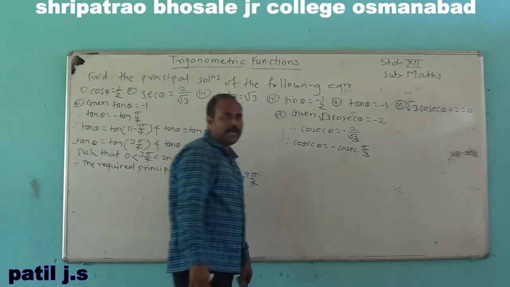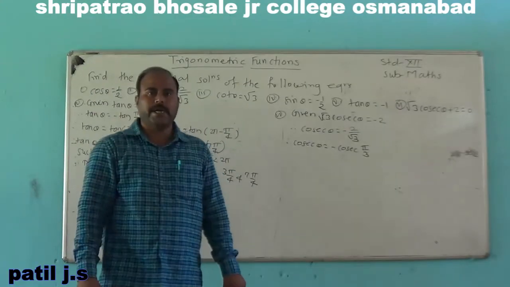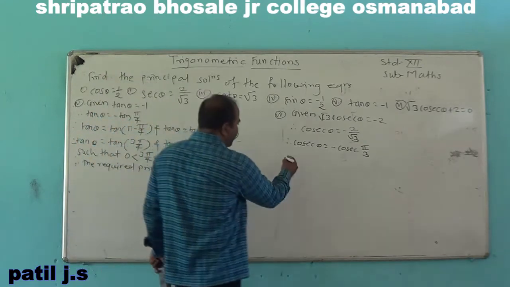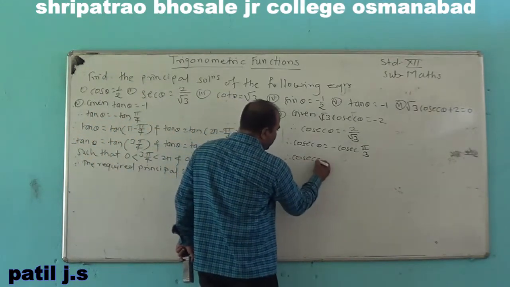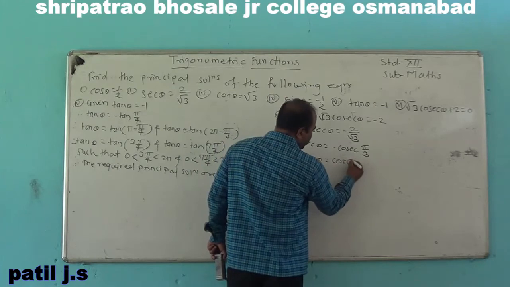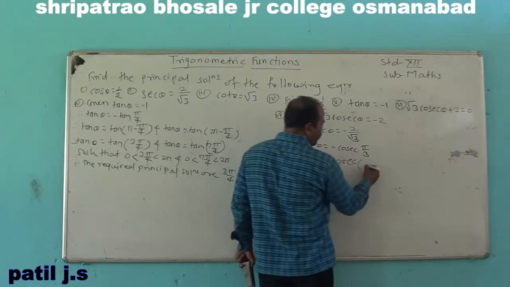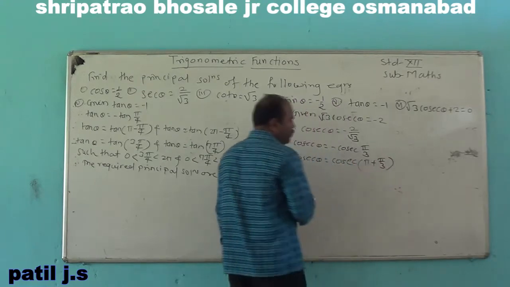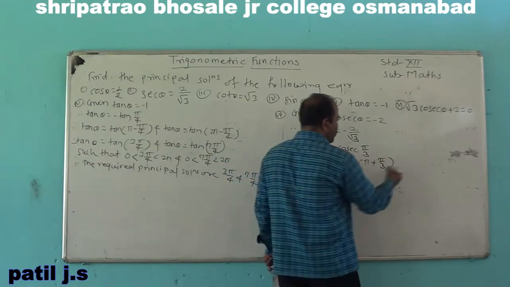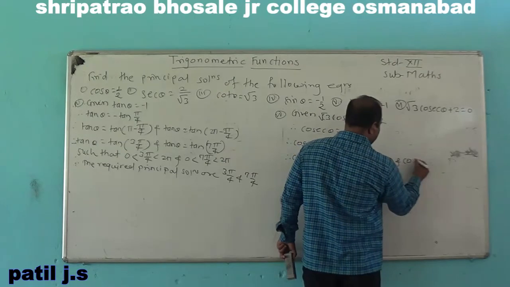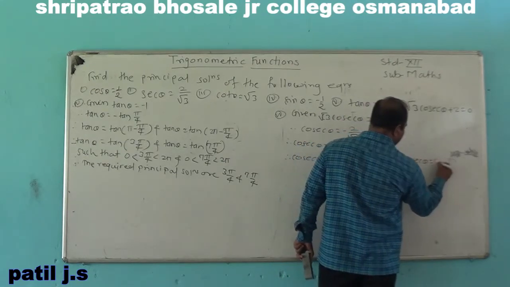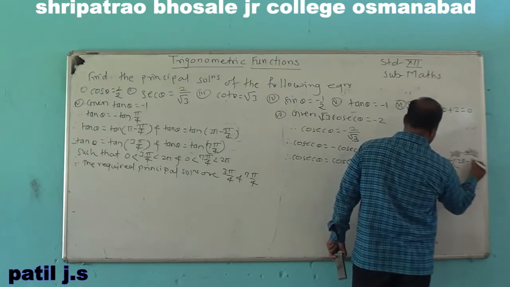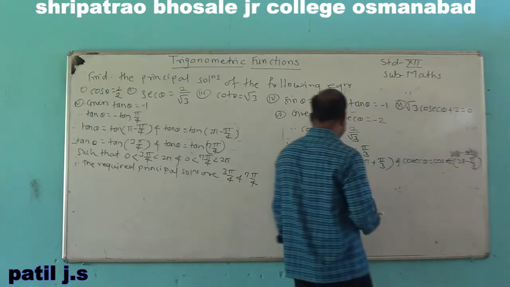But you know that sin and cosec are negative in the third and fourth quadrant. Therefore cosec theta is equal to cosec(pi plus pi by 3) and cosec theta is equal to cosec(2 pi minus pi by 3).